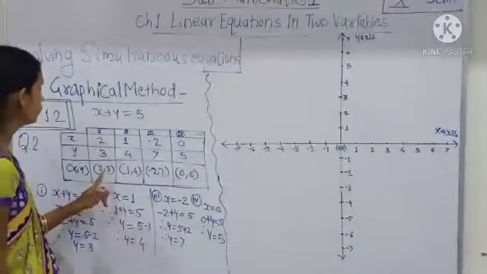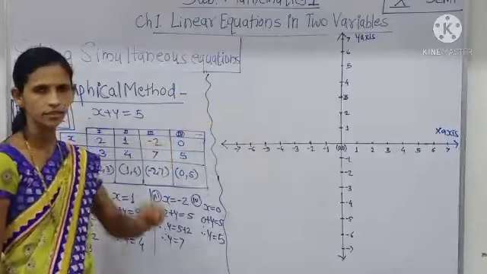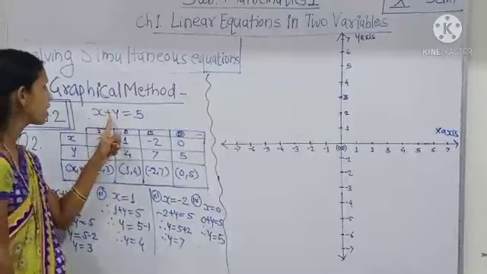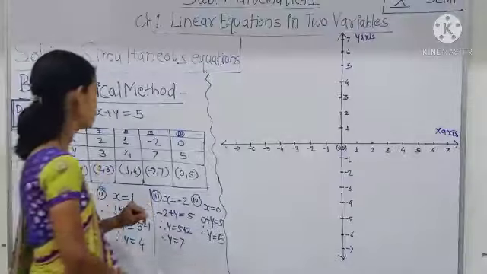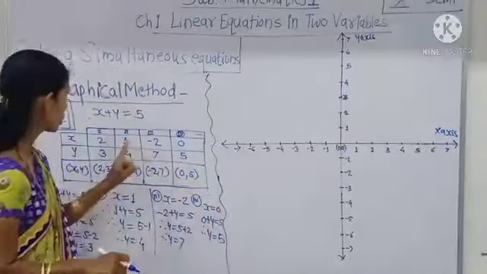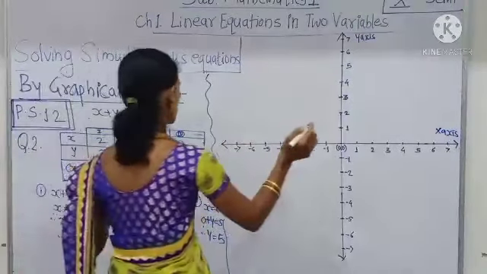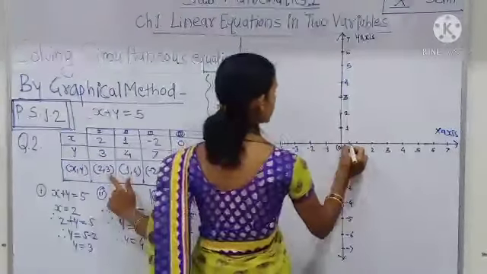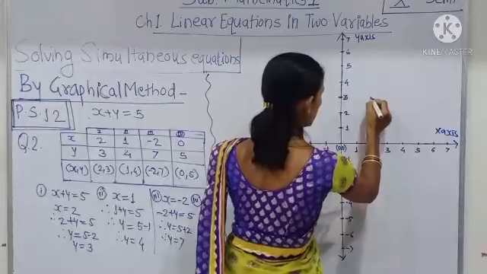Then if we plot these 4 points on the Cartesian system on graph paper, then we can get the graph for this linear equation in two variables. See here, all of you have practiced plotting points on graph paper. The first point, that is (2, 3): on the x-axis 2 and on the y-axis 3.